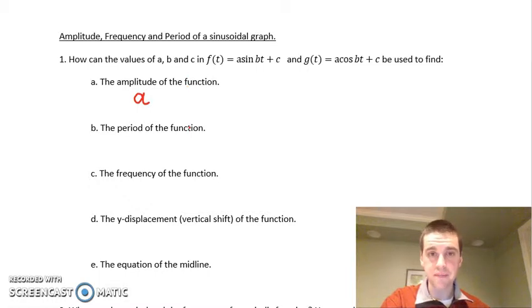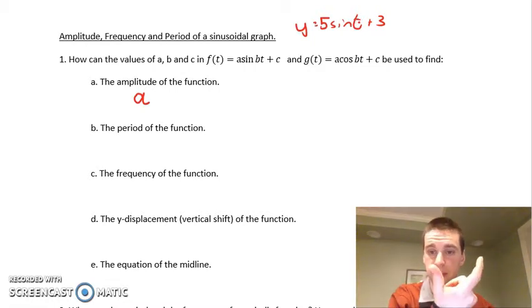The period. Now be careful here. Remember that the period, if the b value is 1, if I had 5 sine of t plus 3, the period is 2 pi. You know that. There is no horizontal shift either way.